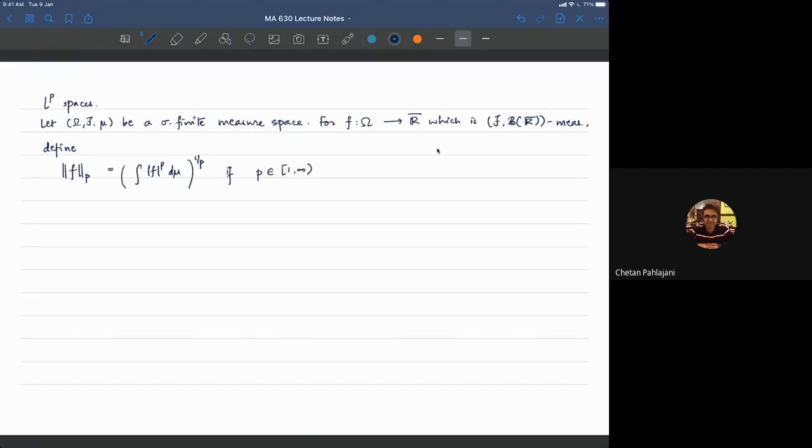Note that the interval is closed at 1, open at infinity. And this symbol, which looks like norm of f infinity, equals the infimum of k greater than or equal to 0 such that μ of the set of all omega in Omega such that the absolute value of f(omega) is greater than or equal to k is 0.